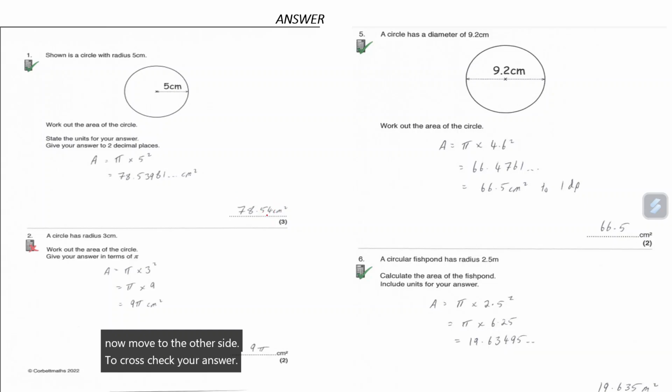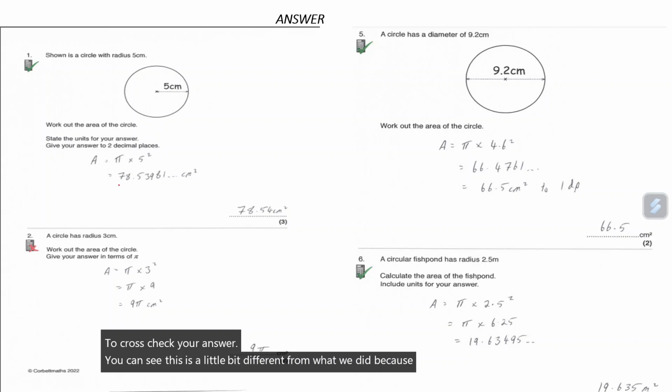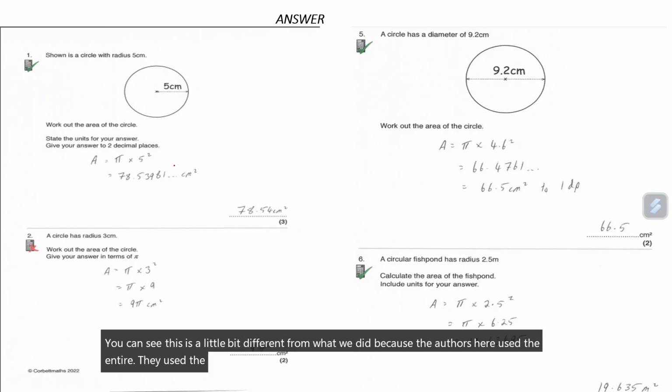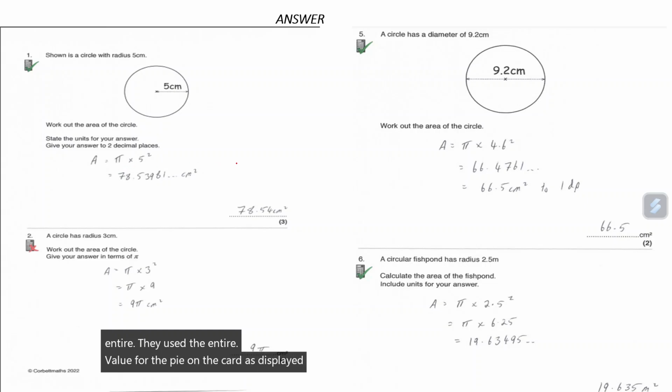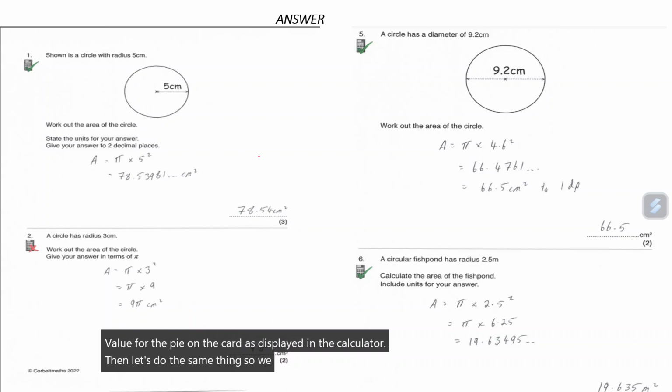You can see this is a little bit different from what we did because the authors here use the entire value of pi as displayed in the calculator. Then let's do the same thing. So we are correct with this.